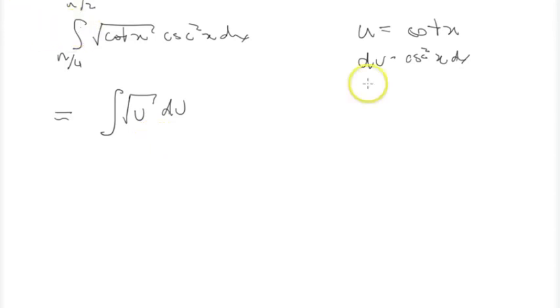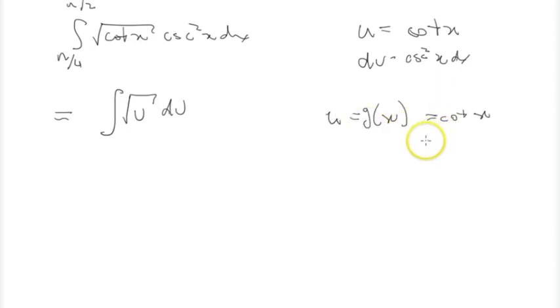Well, actually pretty easily, because we have this function out here, that equality right there. So remember implicitly that u is a function. It's a function g of x, cotangent x. So we want to figure out what these limits are up here in terms of u, so we can continue them down there on the definite integral. Well, all we have to do is plug in pi over 2 for x and see what u is at that point.